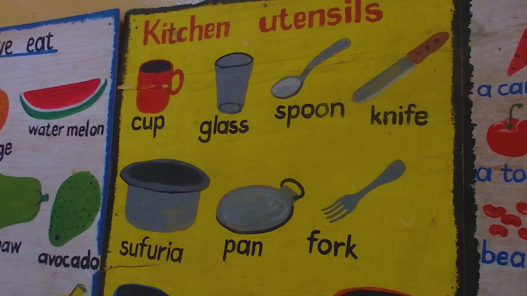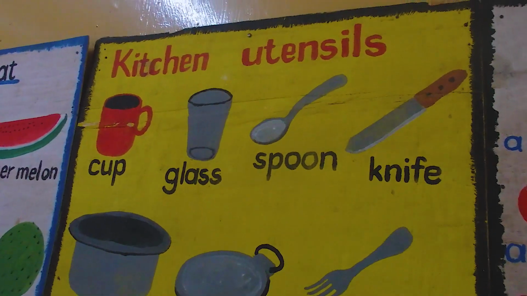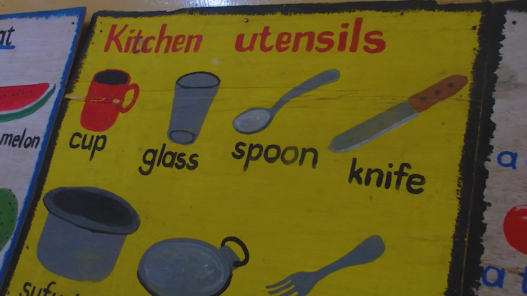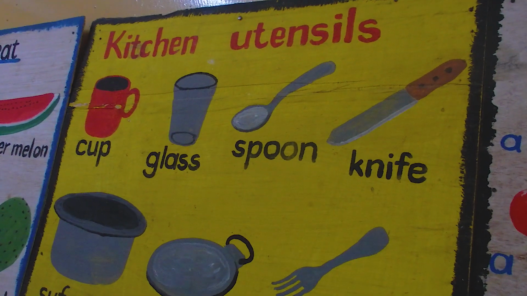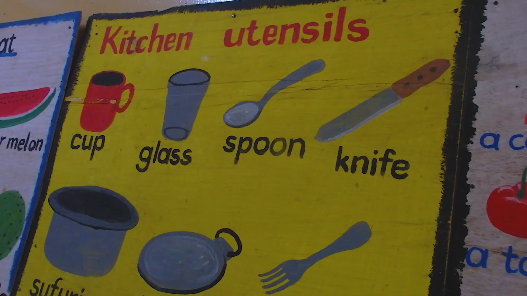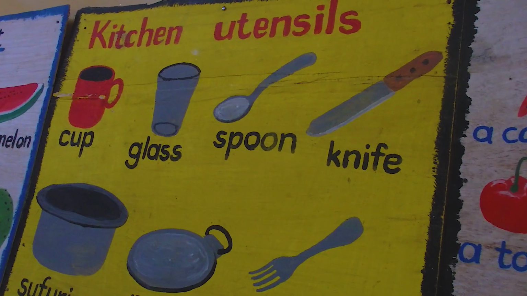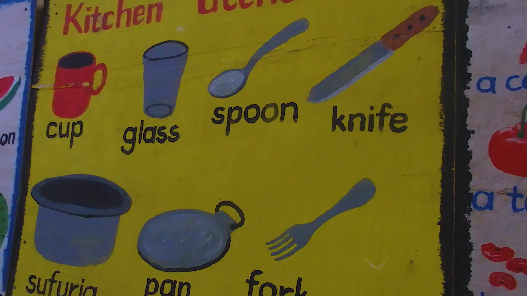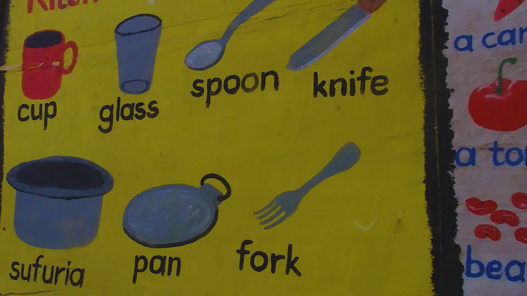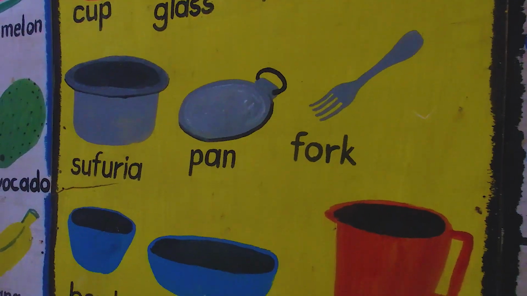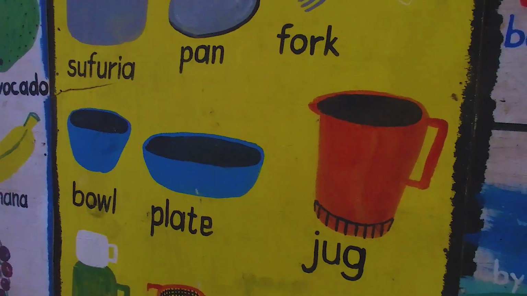We have the kitchen utensils. They learn about the utensils that we need in the house so that everything can go on well, and they also learn each one's use.